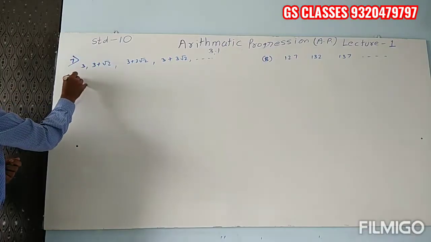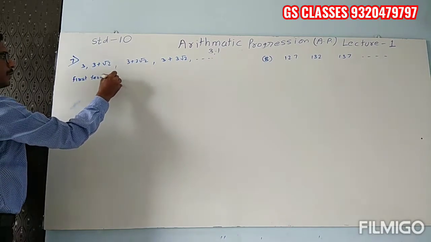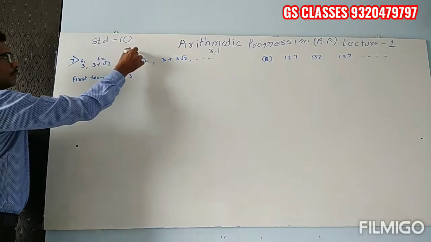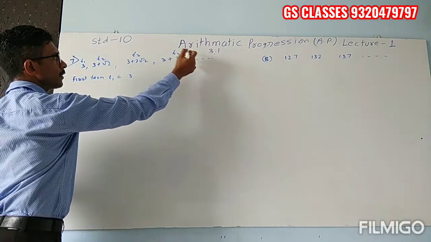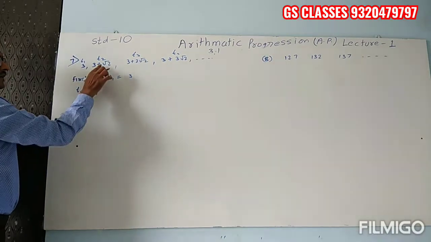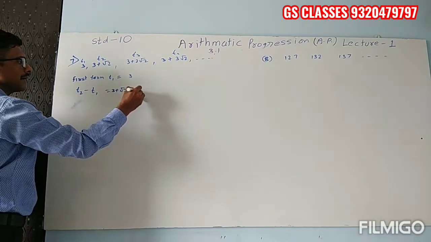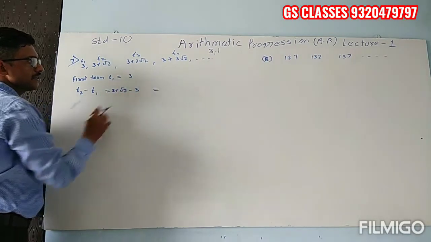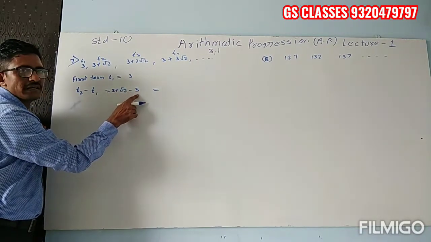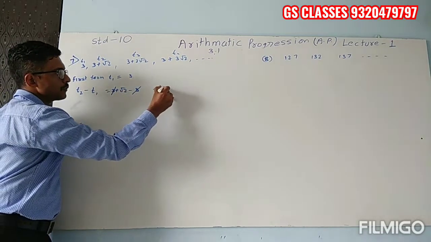We will write first term T1 as 3. This is our T1, T2, T3, T4 and so on. Now you can write T2 minus T1. It is 3 plus root 2 minus 3. Now children, if we solve it, minus 3 and plus 3 will get cancelled and the answer is going to be root 2.